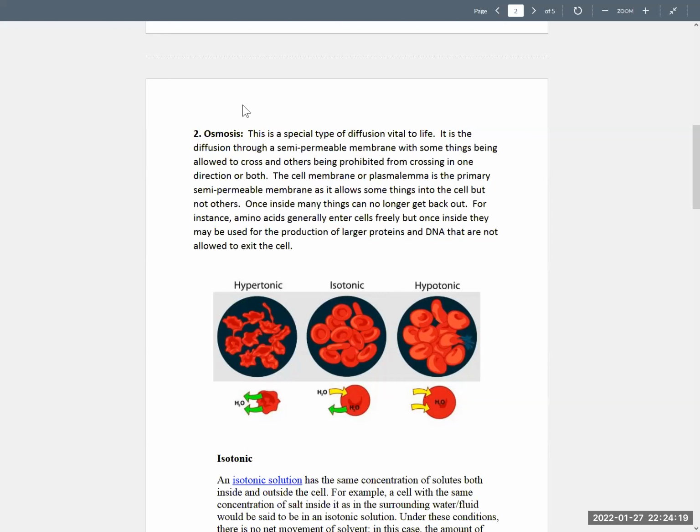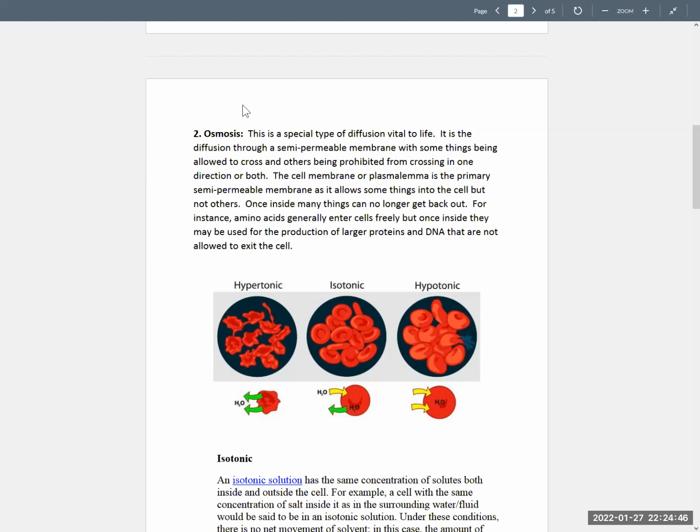Picture 500 people on one side of a doorway at the airport, probably. And there's only one doorway or one security check, and they put you through one at a time. Okay, you're still diffusing from the crowded area to the less crowded side, but you're going through a membrane, in this case, the security check.